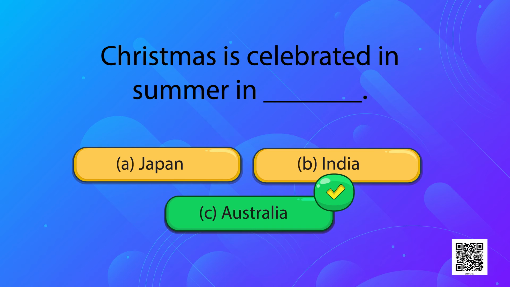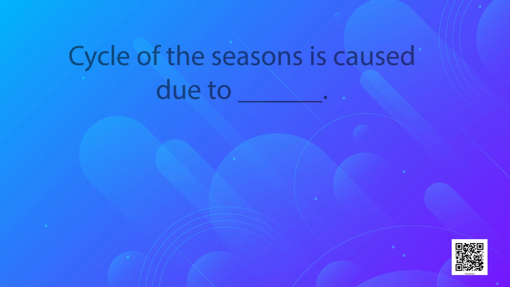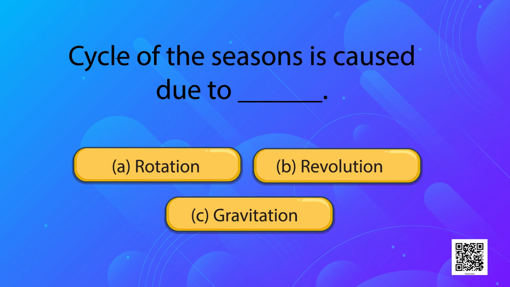When it is winter in the northern hemisphere, then it is summer in the southern hemisphere. Question number 4. Cycle of the season is caused due to option A, rotation, B, revolution, C, gravitation. The right answer is option B, revolution.